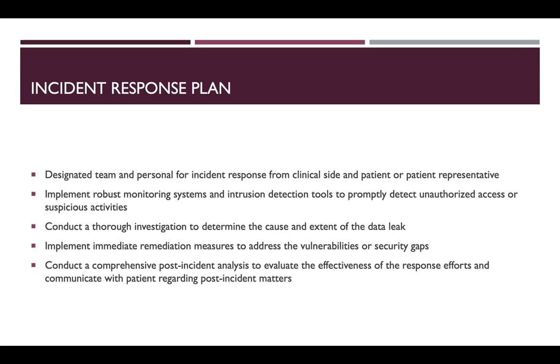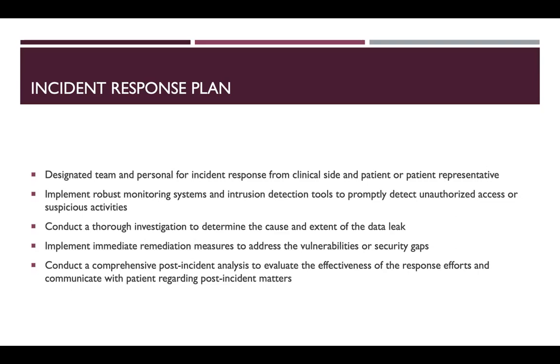And the next step will be, if the data leak incident happens, in this case most likely a leak to the press or to the public, we need to act quickly and conduct a thorough investigation to determine the cause and extent of the data leak of the patient information. And then we should implement immediate remediation measures to address the vulnerabilities or security gaps.